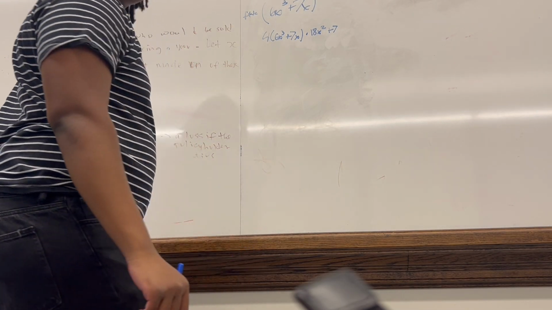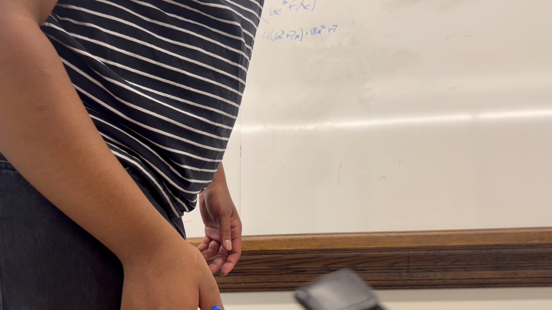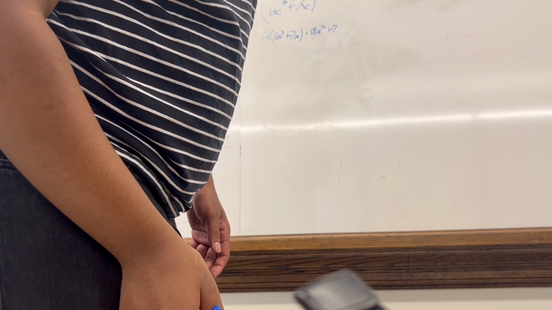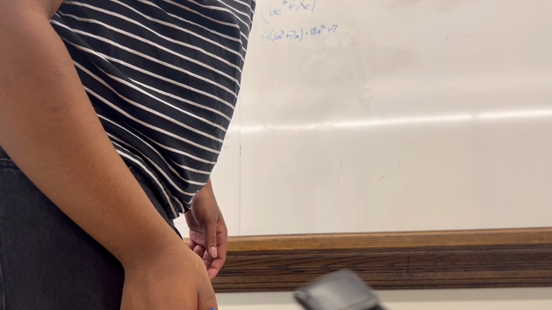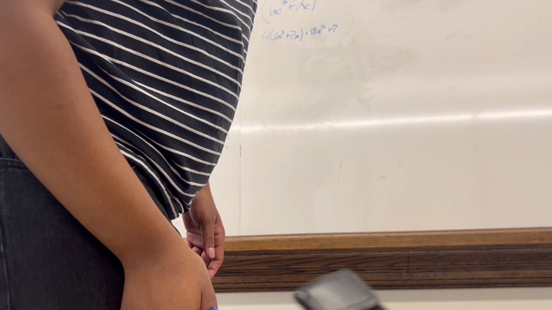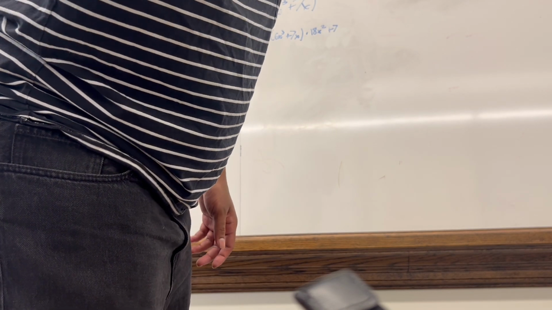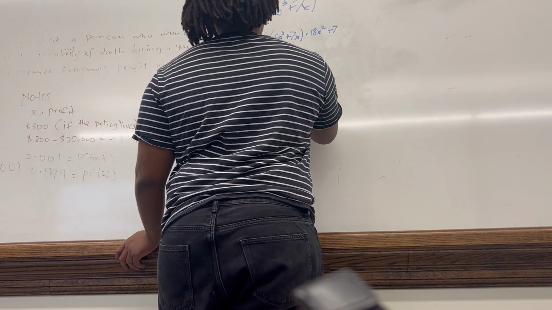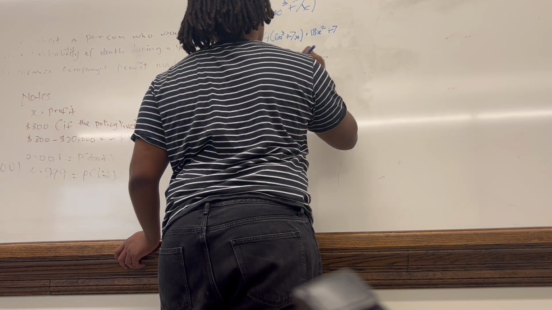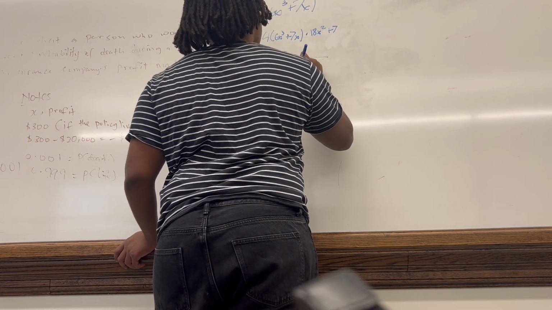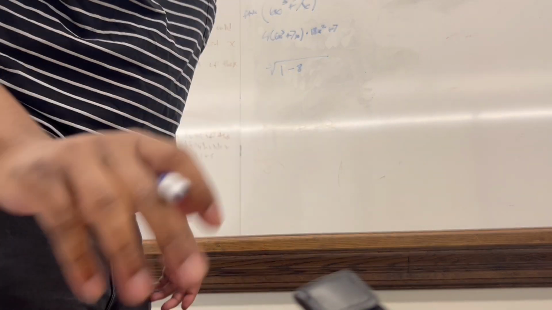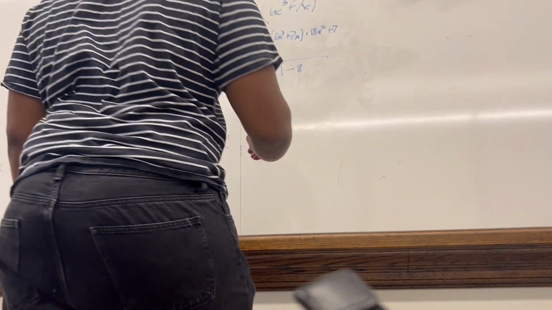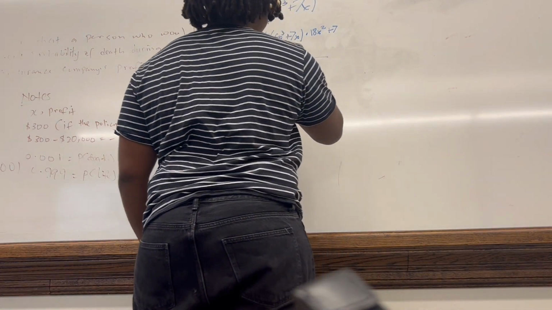And then let's move on to the next one, which is the cube root of 1 minus 8z.